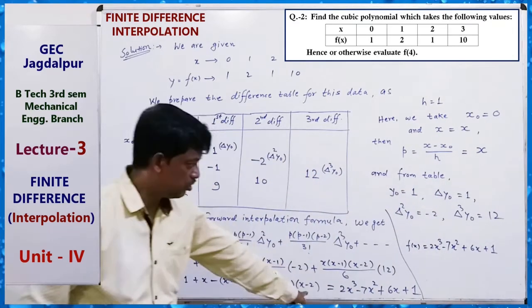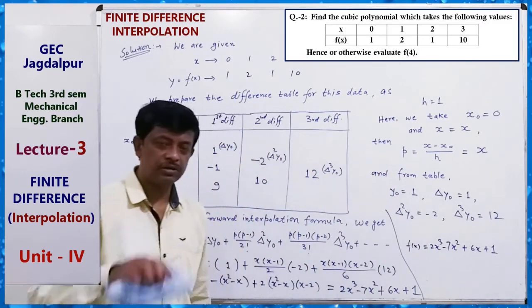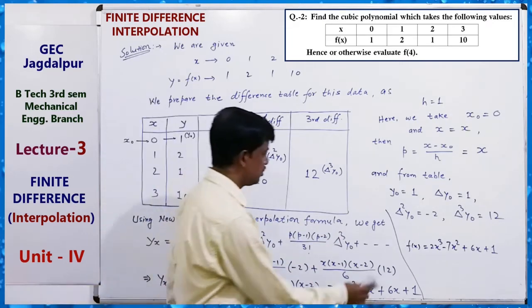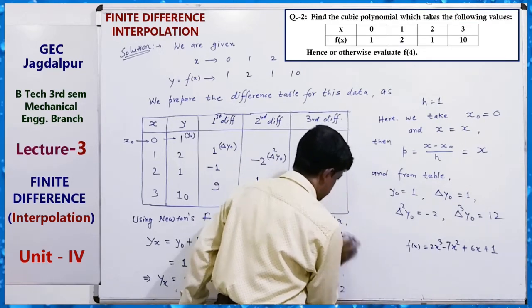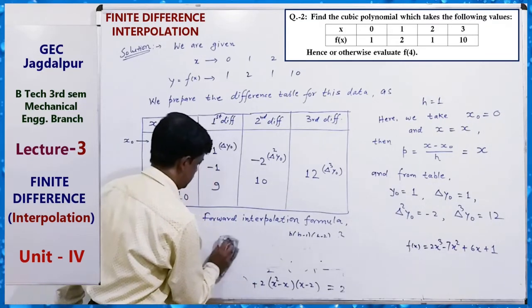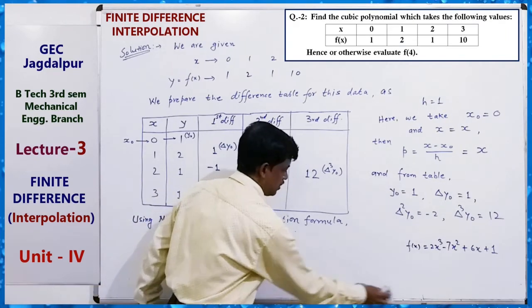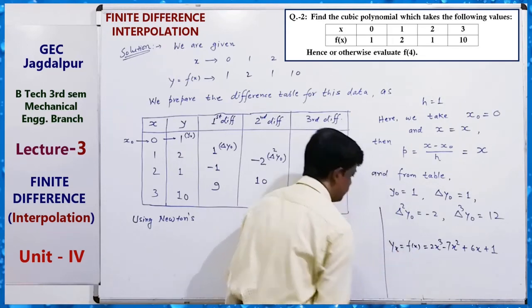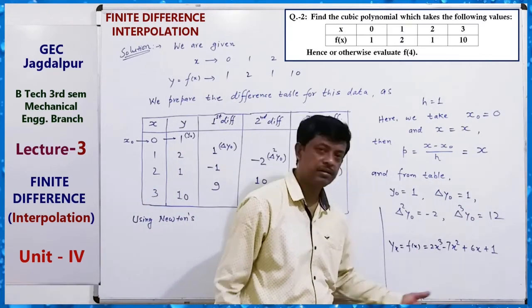We get this polynomial right here. Now hence or otherwise find f4. f(x) means y(x), same thing. So f4 can be found by putting x equals 4 here.